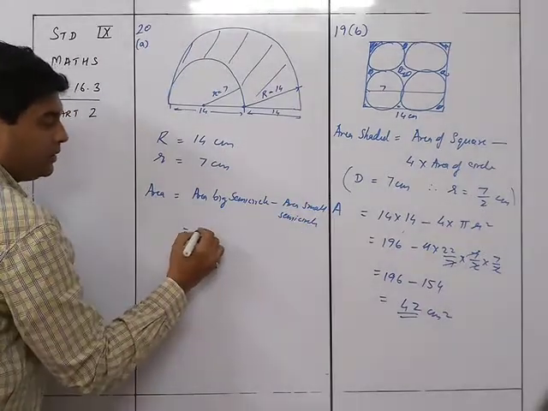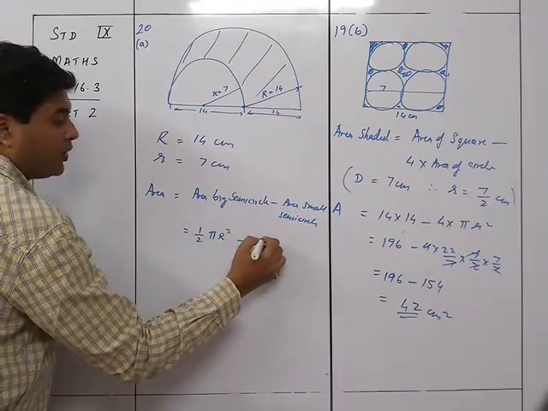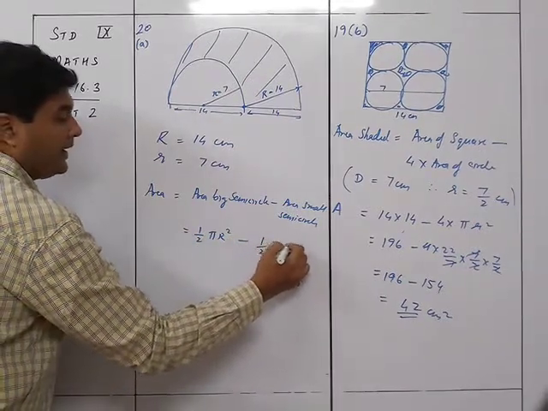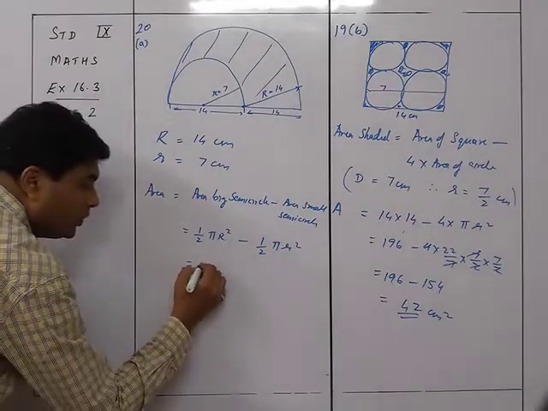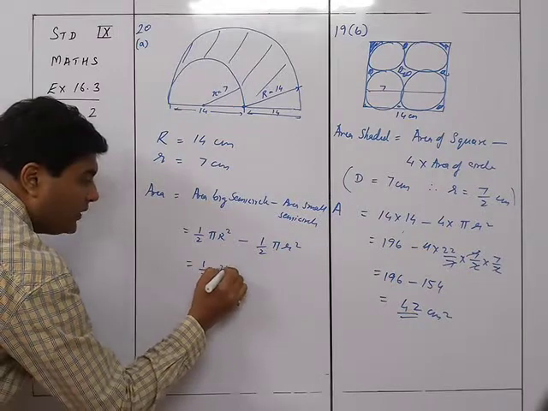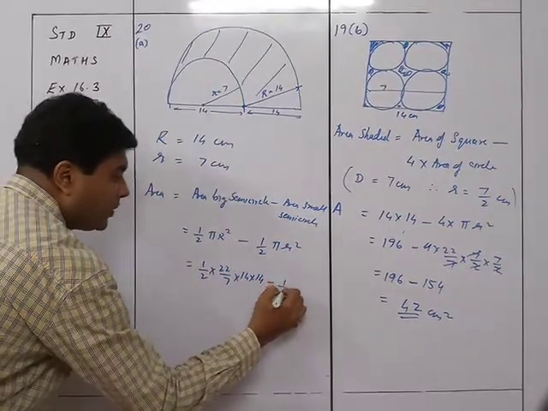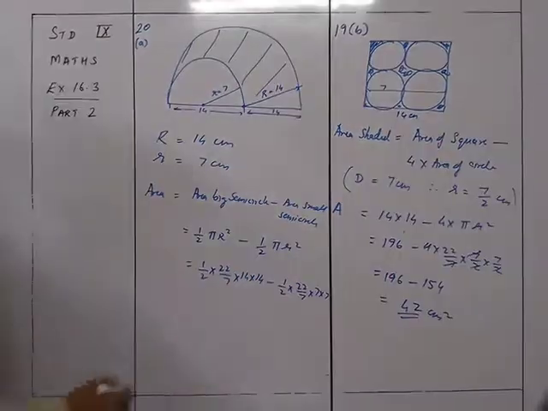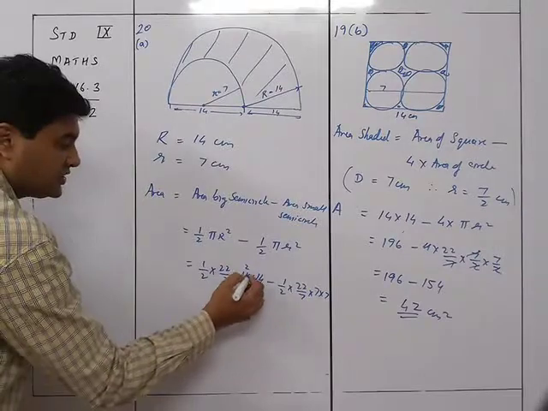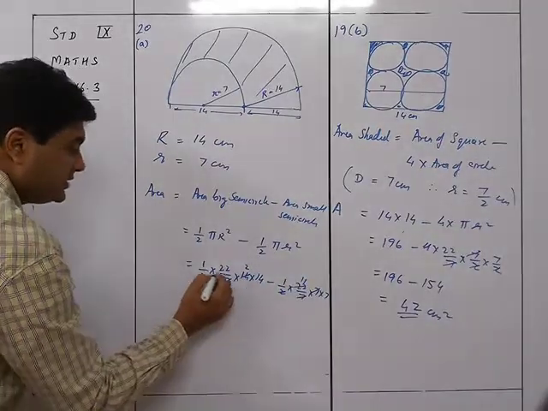That will be 1 upon 2 pi R square minus 1 upon 2 pi small r square. So that will be equal to 1 upon 2 into 22 upon 7 into 14 into 14 minus 1 upon 2 into 22 upon 7 into 7 into 7. So this 2 cancels, and this 11 and this 11.